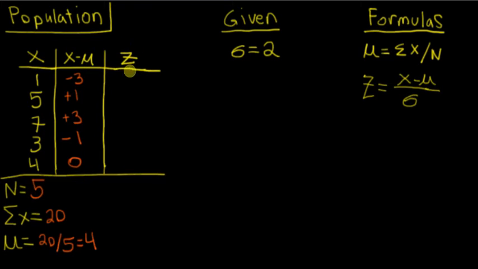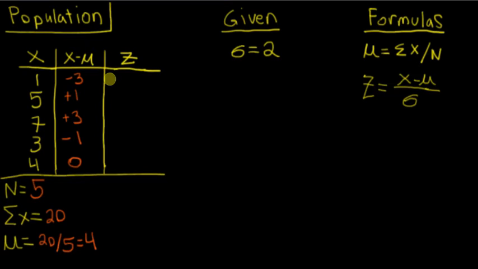Okay, now we need to find out our z-score for each of these x values, and if we look over at the formula here, we see it's x minus mu divided by the standard deviation. Well, we have x minus mu as our numerator already calculated for us, and we have our denominator over here, sigma equals 2.